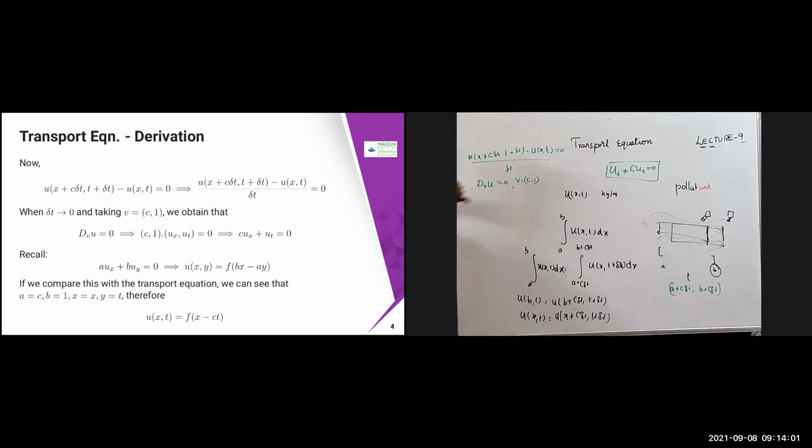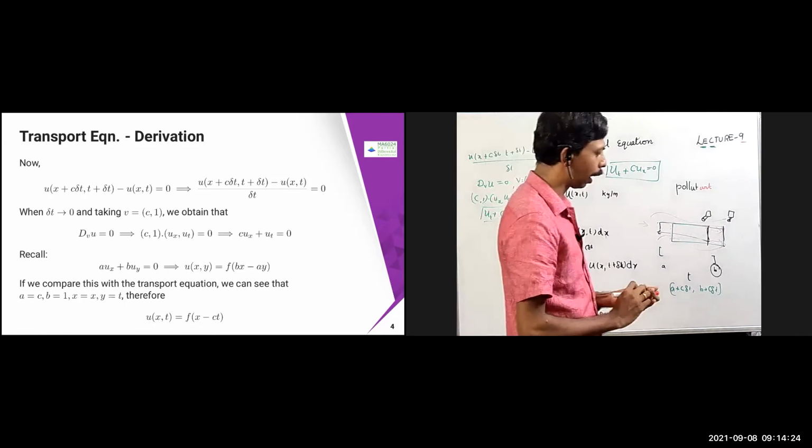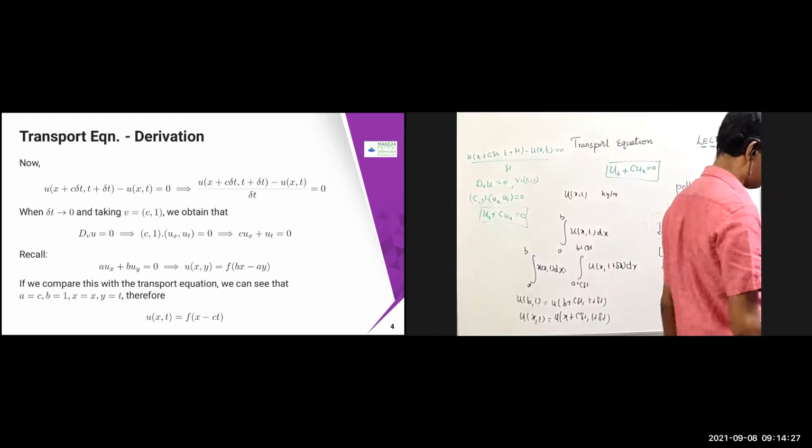So you have (c, 1) dot (u_x, u_t) equal to 0. That means u_t plus c u_x equal to 0. That is the transport equation.